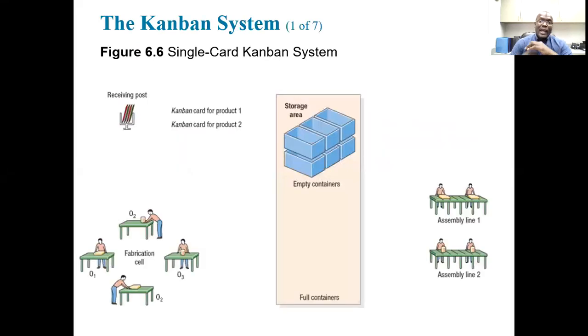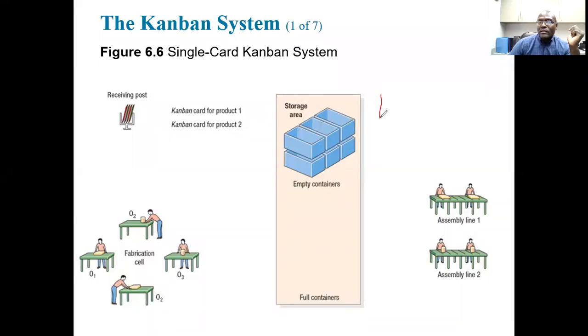Okay, Kanbans usually come with Kanban cards, and if it's for parts, it could be in containers. Kanbans don't necessarily have to be in containers, but this is a good illustration of what a Kanban system would be. Okay, and basically a lot of Kanban systems usually follow a 2-bin system, and I'm going to bring out my pencil to explain this better.